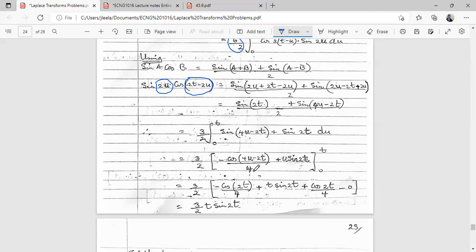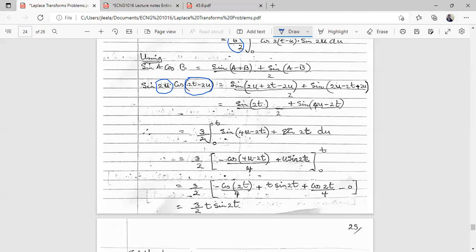So you divide by the 4. You remember you're dividing by the 4 here, not this here, because you're treating this as a constant. You're not integrating with respect to t but to u. So you're ignoring this part here, just the 4 in front of the u. So you'll get minus cos 4u minus 2t over 4.